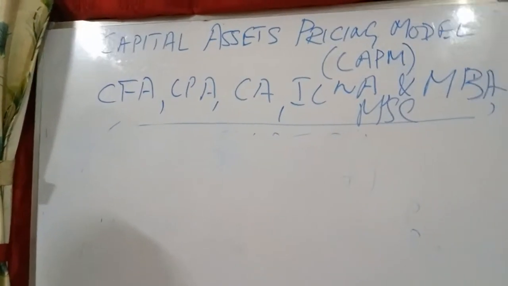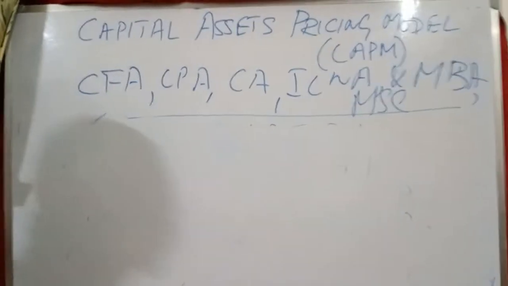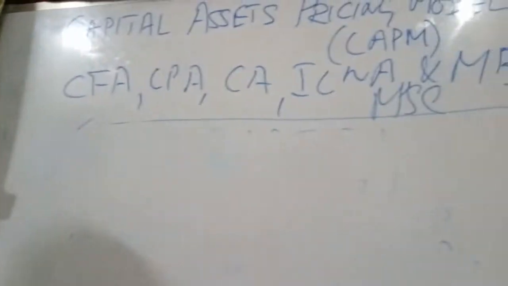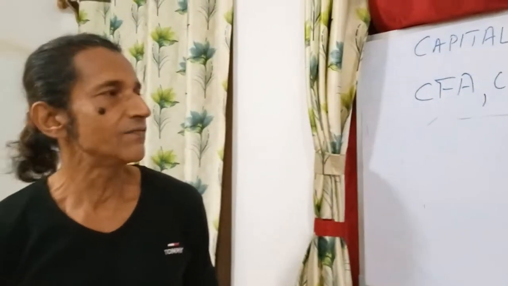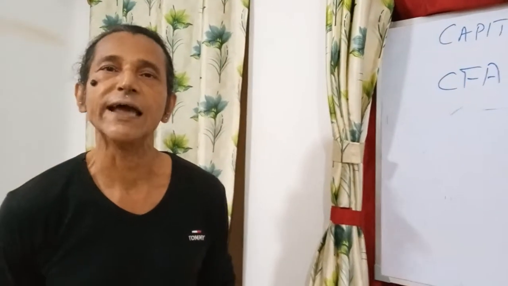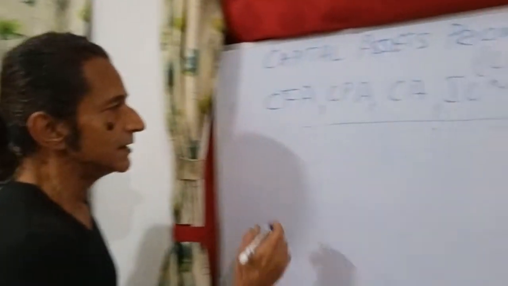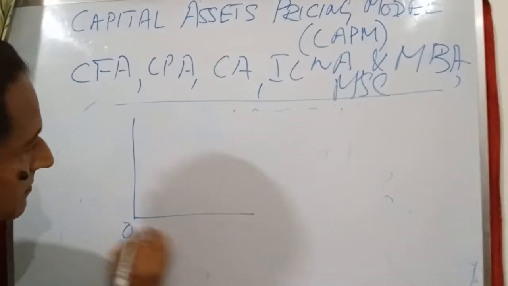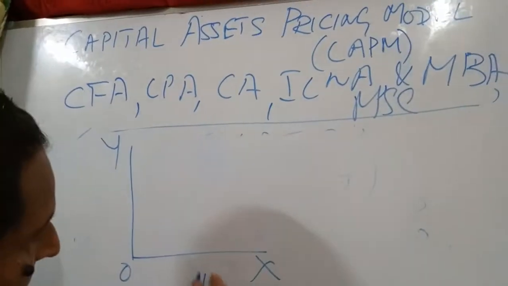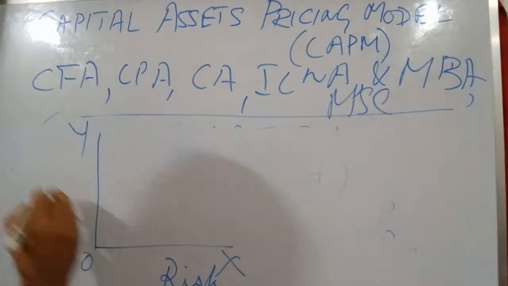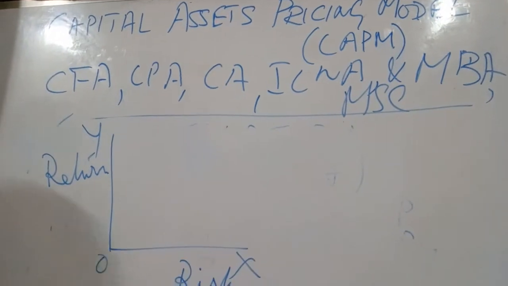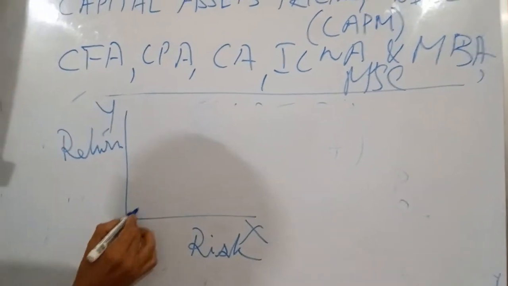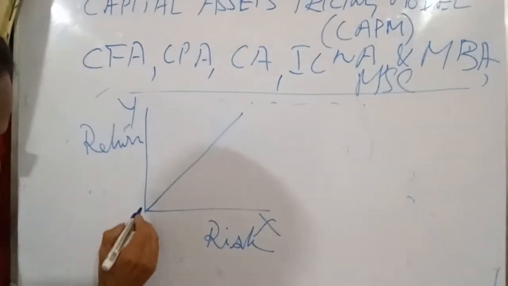Now, as goes the old saying, no risk, no return has a very big significance in investment. Yeah, it is true. If an investor does not want to take any risk, he won't get any return. So, if we measure risk on x-axis and return on y-axis, we'll get a straight line like this starting from the origin.